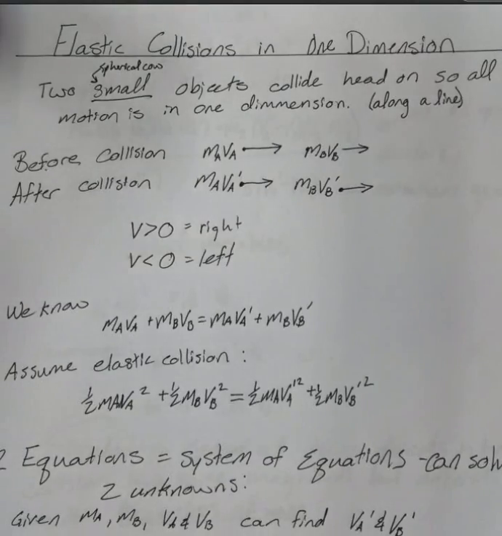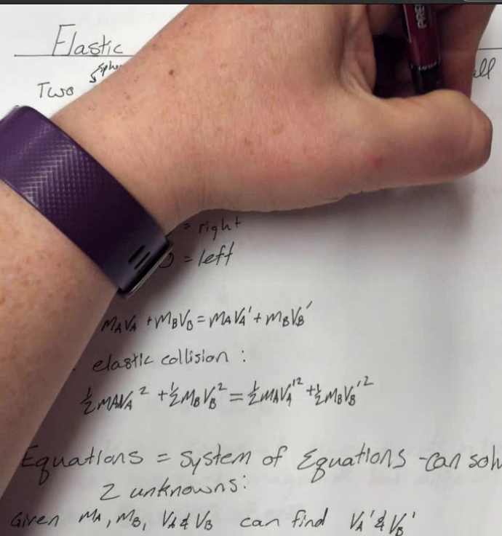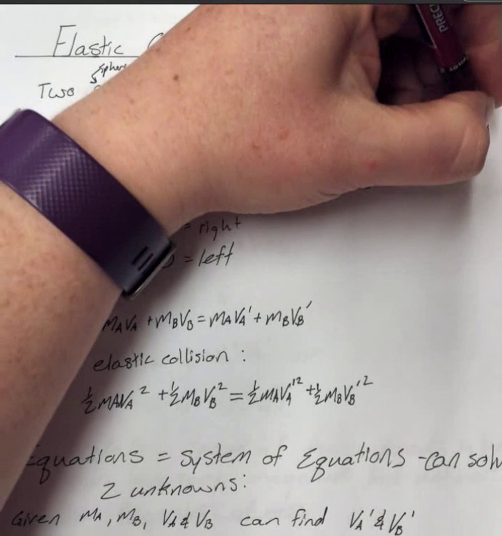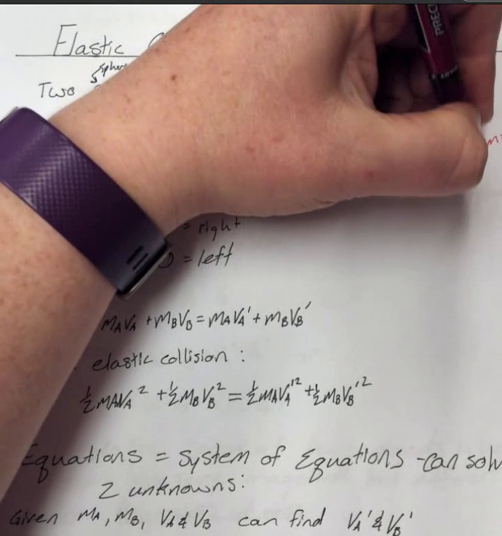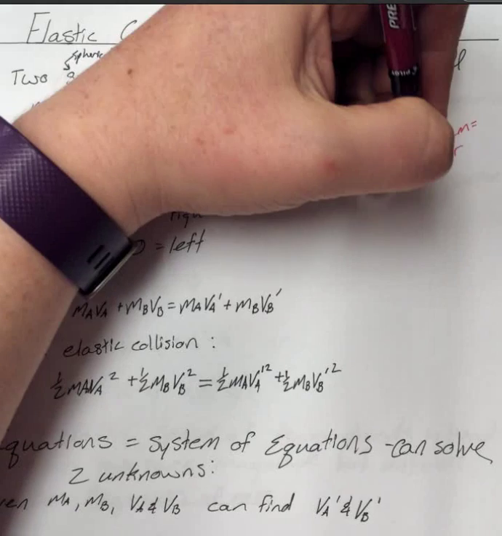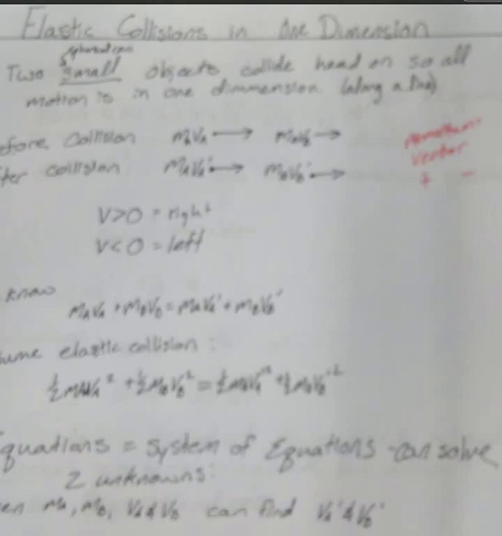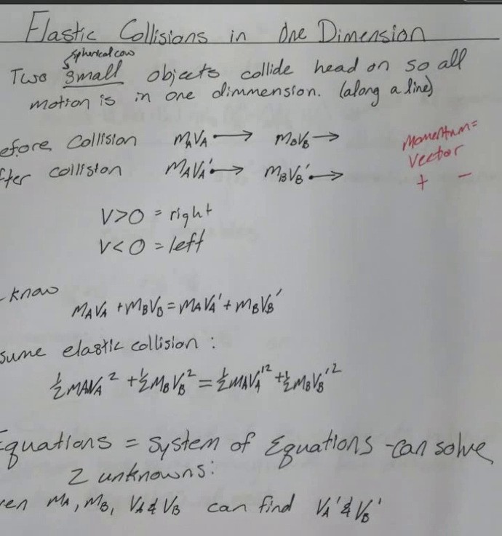for object B. Now, a few things to consider when we're taking a look at elastic collisions, and any collision in general, is that momentum is a vector. So oftentimes we have a sign positive or negative, and so we're going to assign some meaning in general every time we calculate these.